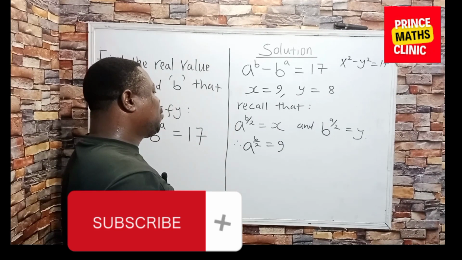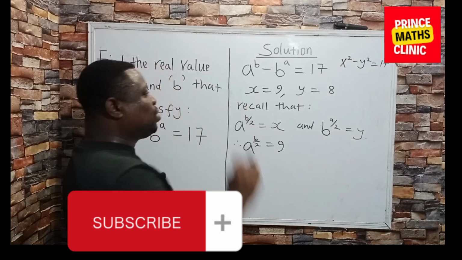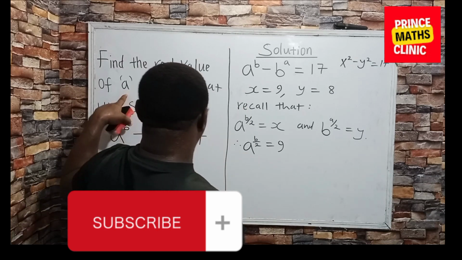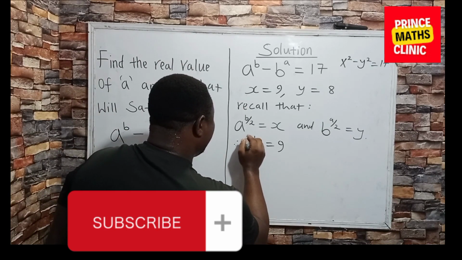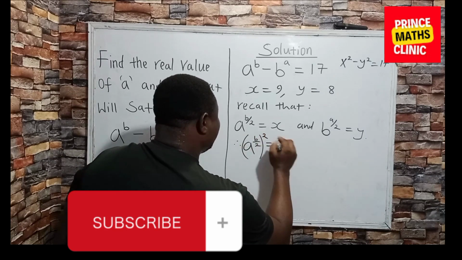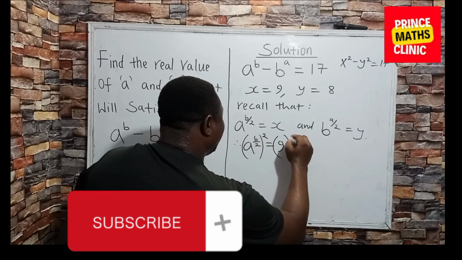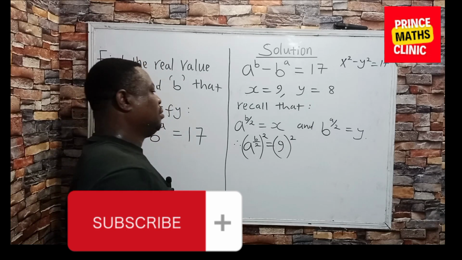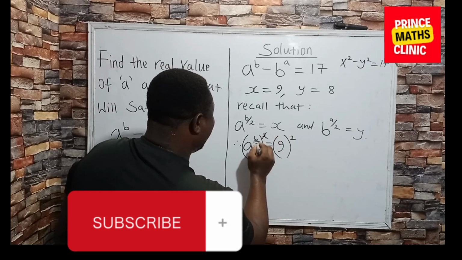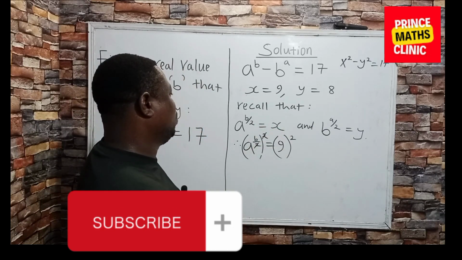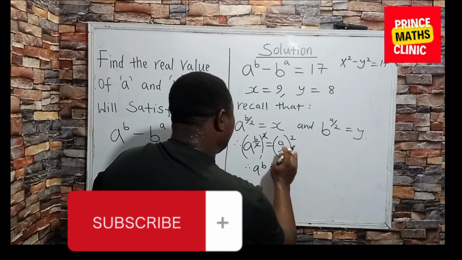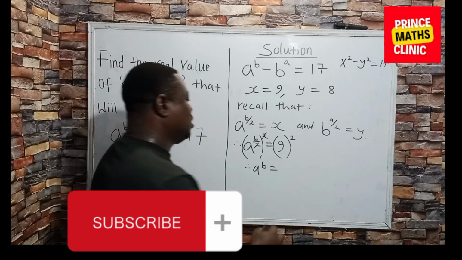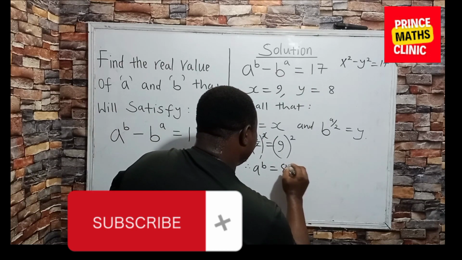Since it's equal to 9, all I need to do is to square this part and square this part. Therefore, 2 cancels out 2, and my A to the power of B is equal to 9 squared, and 9 squared is 81.